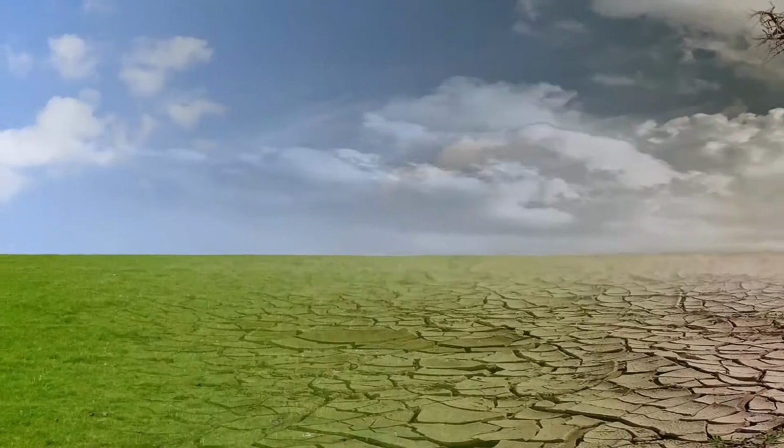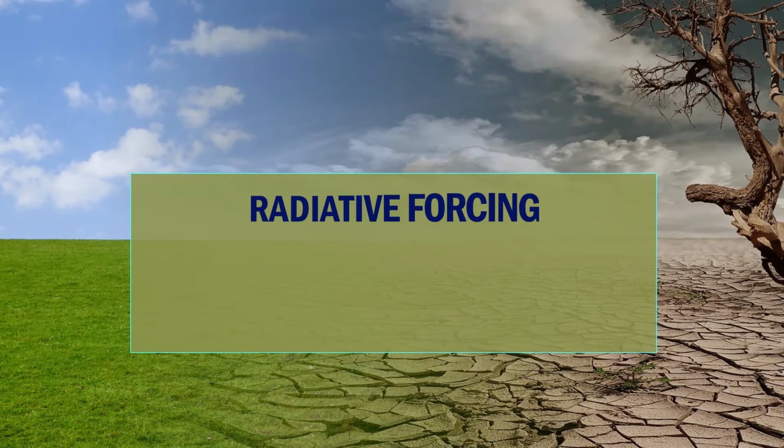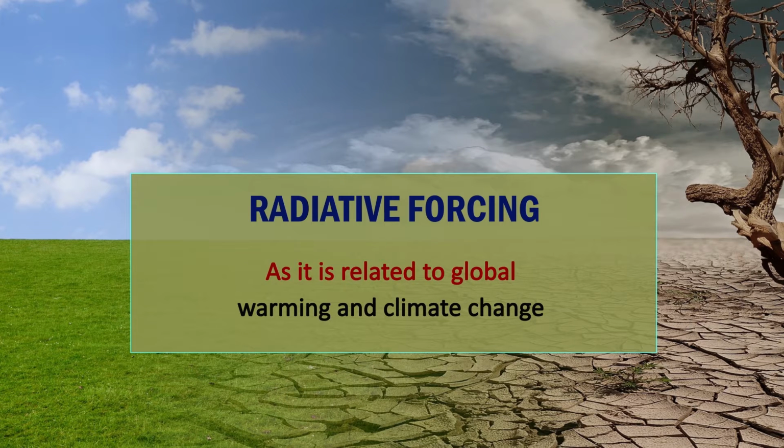So having said how important human actions are, and how they have caused a lot of changes in the climate system in the past 2 centuries, which has indeed led to an increase in the global temperature of 1 degree centigrade, now when we talk about the drivers, one related concept is the radiative forcing. Let us now study the radiative forcing as it is related to global warming and climate change.